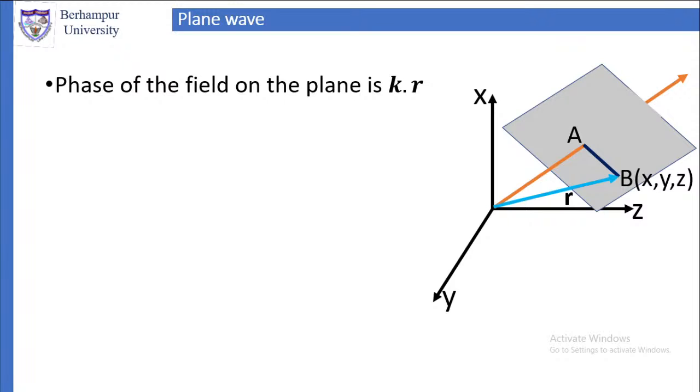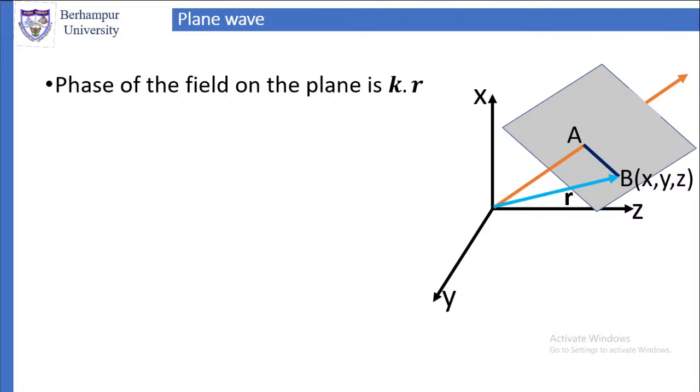There is no source in the medium. The medium is isotropic and the medium is homogeneous. So these are the three conditions. Medium is isotropic, homogeneous, source free, and the phase front is a plane. So the phase front of the wave is a plane.